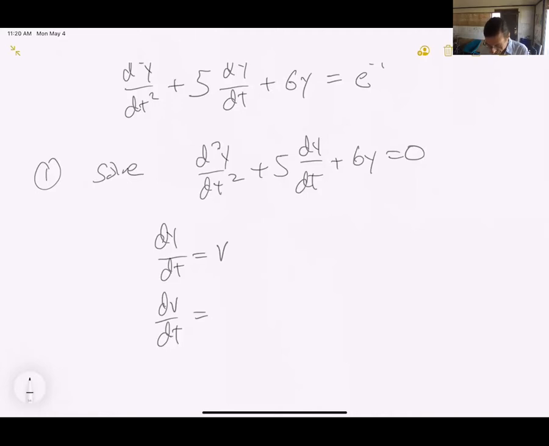Might help to rewrite this. You just need to move all the stuff that's not the second derivative to the other side. Yeah, the equation becomes dv dt plus 5v plus 6y equals 0. So dv dt is minus 5v minus 6y.